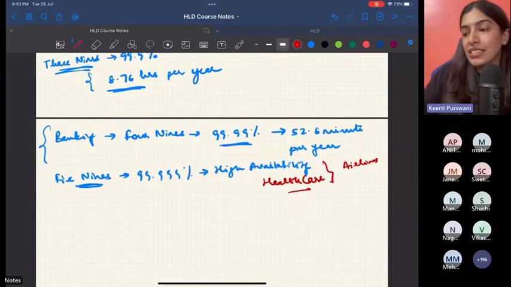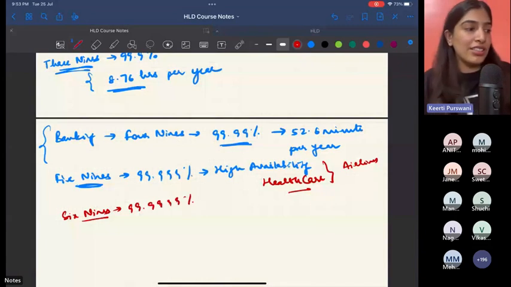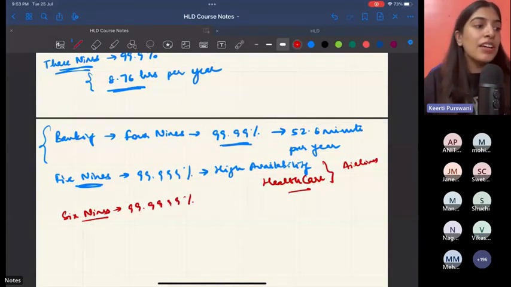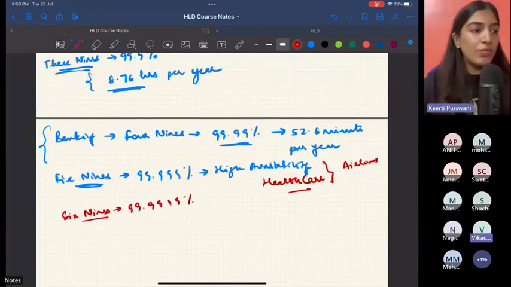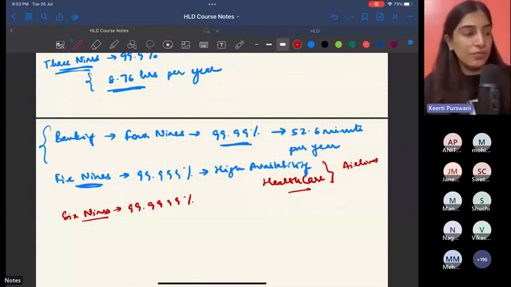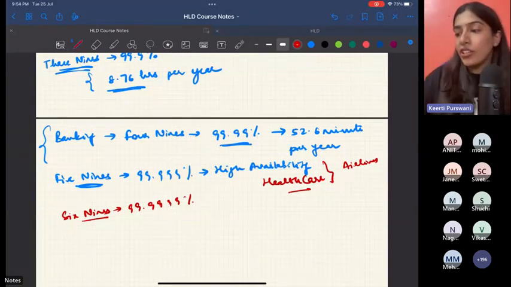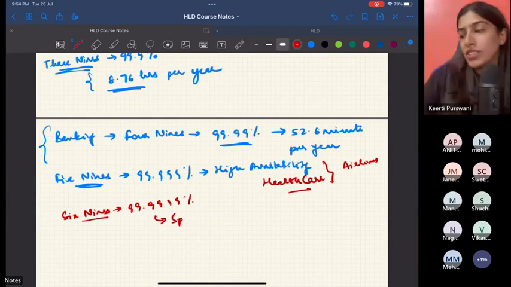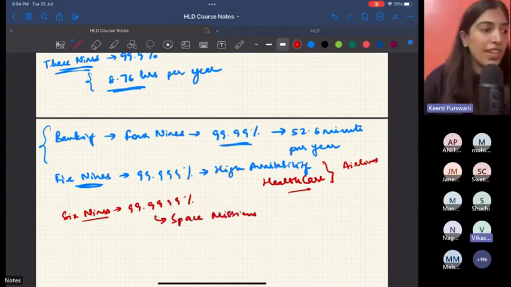See, six nines is actually extremely challenging and it is usually not possible in the software world, but just letting you know, obviously there's six nines also. Okay, it is possible, but then you would have to put in like millions of rupees into it. Suppose it could be suggested for say space missions. It will be obviously very, very costly.